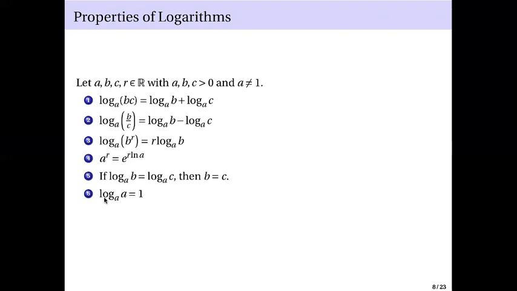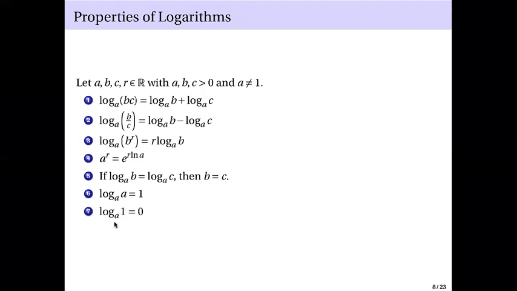And in here, the logarithm of a with base a, so you are taking the logarithm of the number a, the same as the base of the logarithm, that's equal to 1. Whatever your a is, any positive number with a not equal to 1. So if the argument is the same as the base, then the logarithm is just 1.